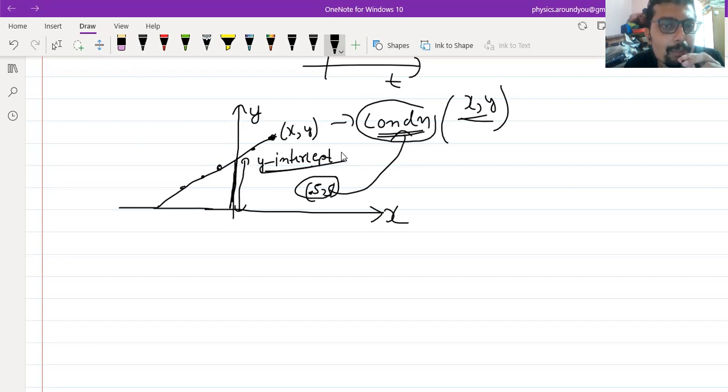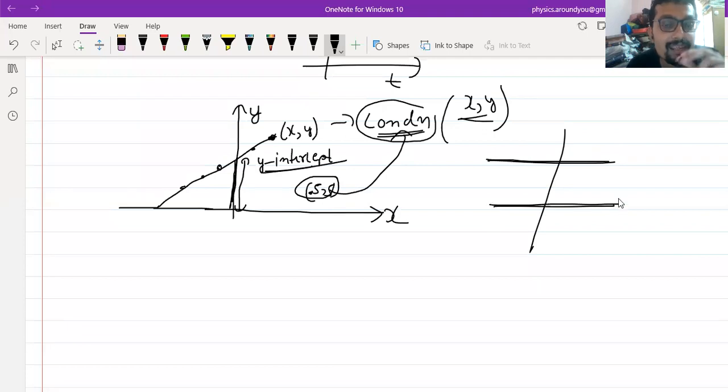Y-intercept. Does intercept make sense? You have learnt about this, no? This is a transversal. The transversal is intercepted by two parallel lines. So this becomes an intercept. Does it make sense now? Why is this a y-intercept?